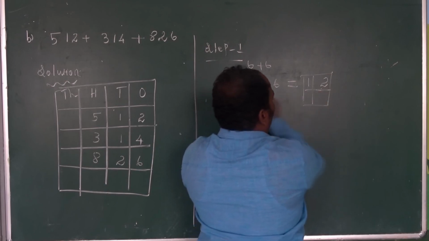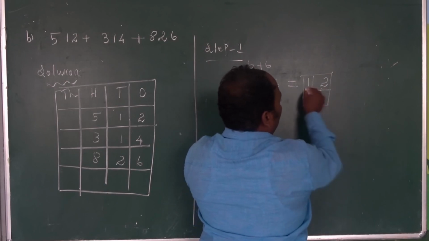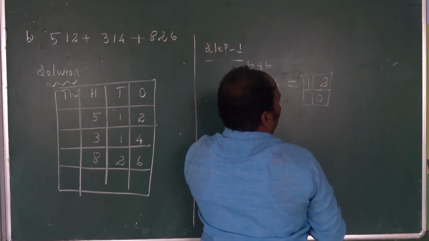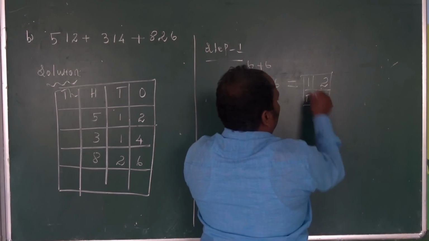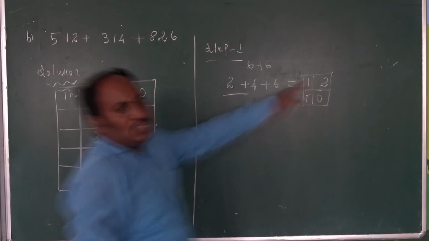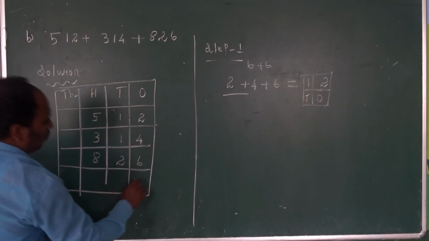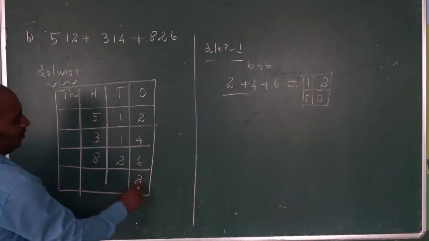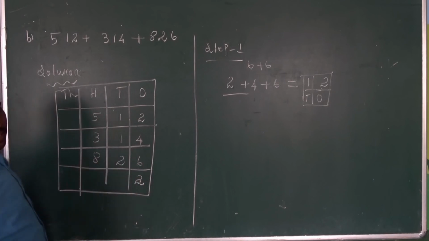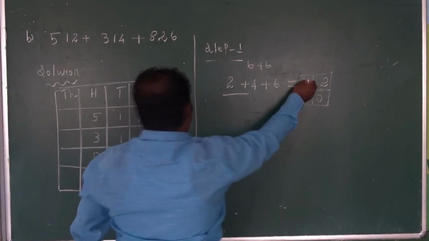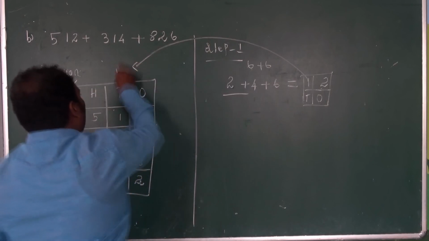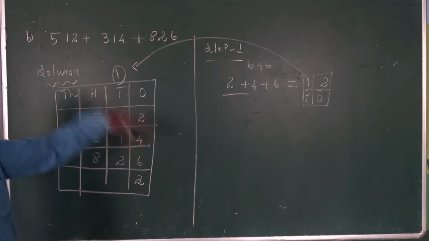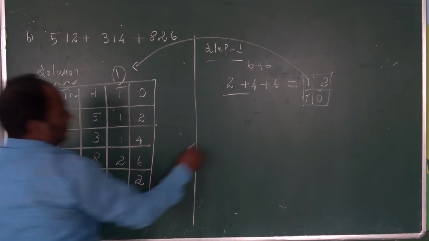Listen up. 12 ones means 2 ones and 1 ten. The number 2 is written in the ones place. Next, the number 1 carries over to the tens place.